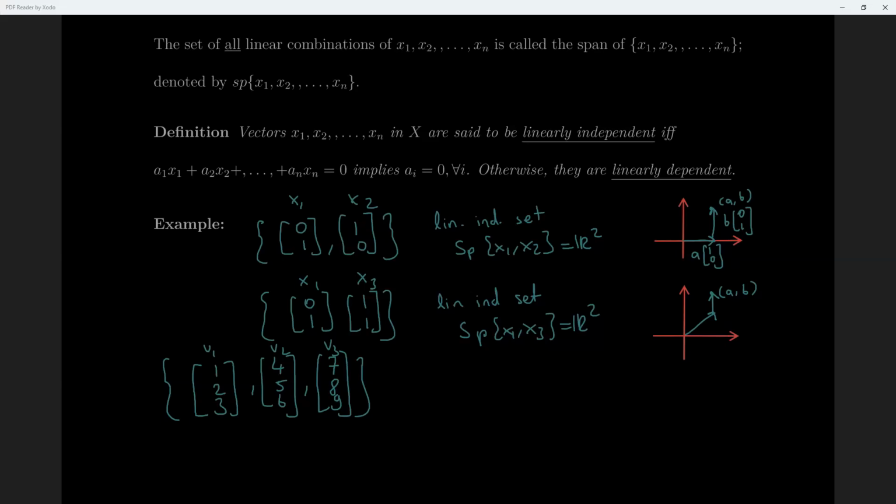Okay. And for these vectors, if you just look at 2 times v1 minus 4 times v2 plus 2 times v3, that is equal to 0 actually. So therefore, this is not linearly independent, because I was able to find non-zero coefficients here.